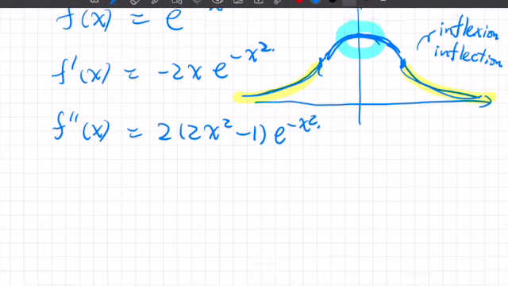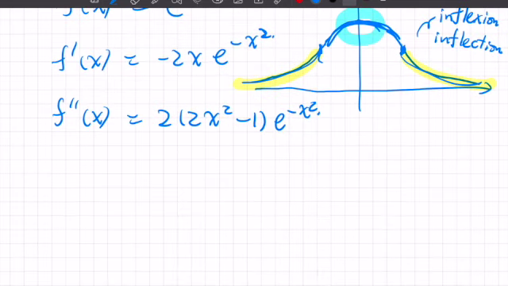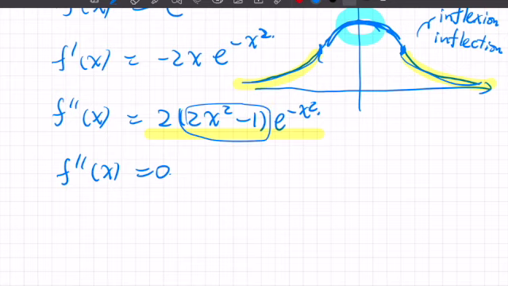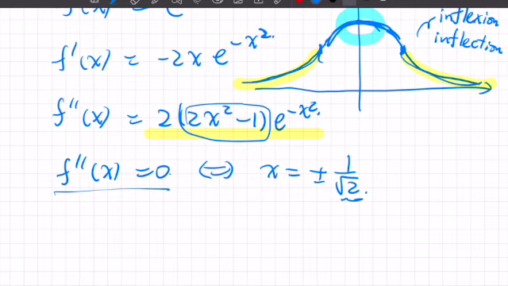So let us solve f double prime of x equal to 0. This second derivative becomes 0 if this factor becomes 0. So that means x is plus minus 1 over square root of 2. So at this point, the second derivative is 0.